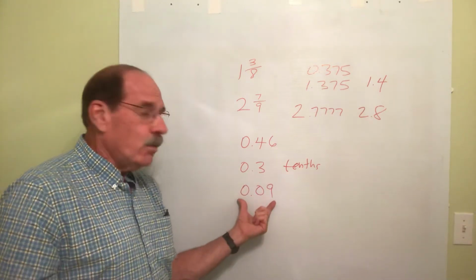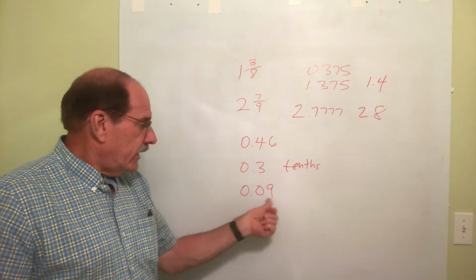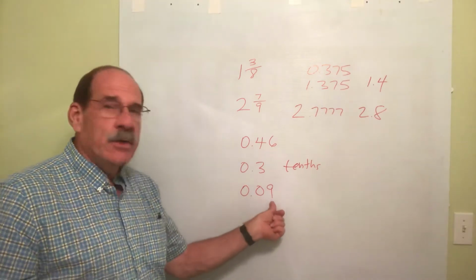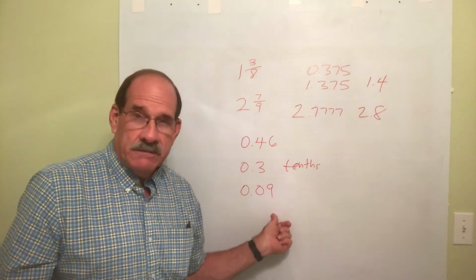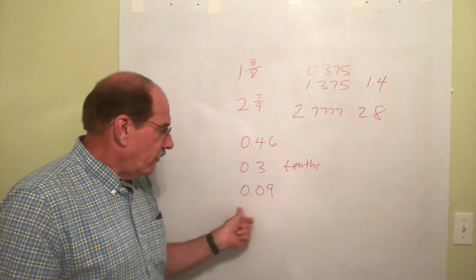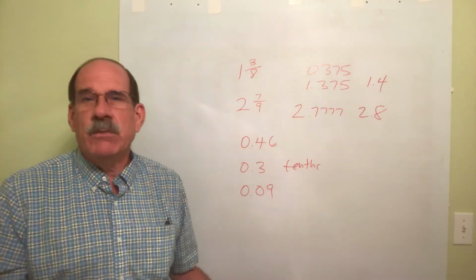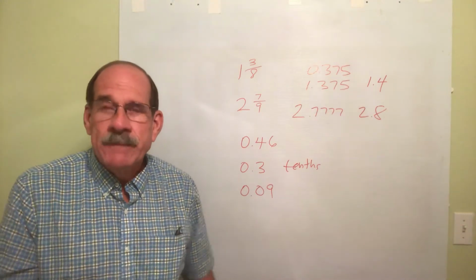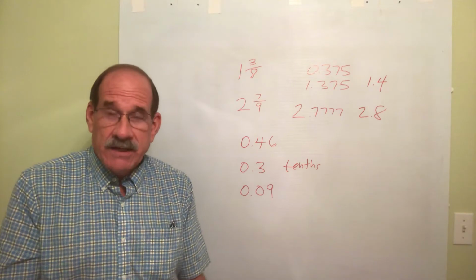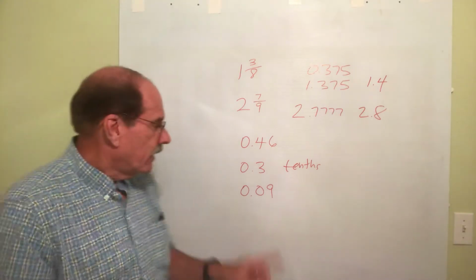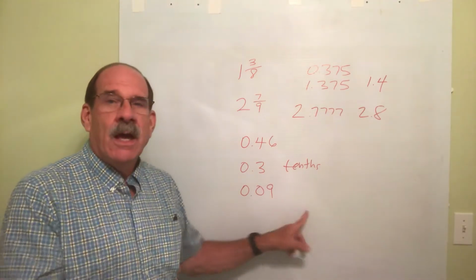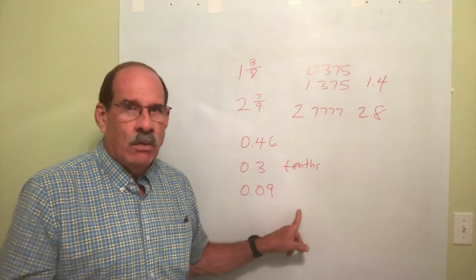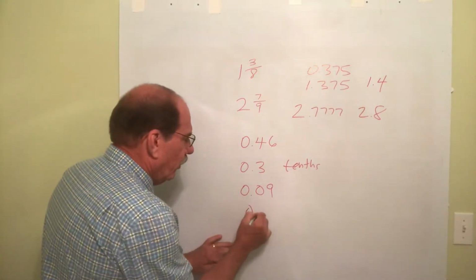Now the 9 is out at the hundredths place, past the tenths. So I would say this number is 0.09. Everybody would say it that way. But a way you could say it, although you sound kind of goofy, you could say this is 9 hundredths. Now, what about 0.9?